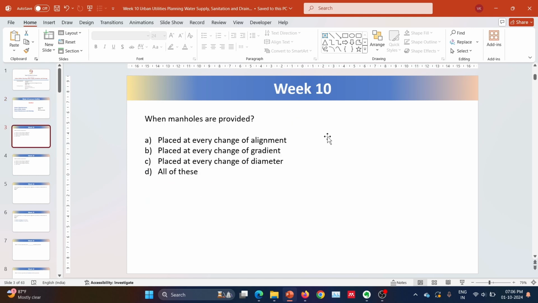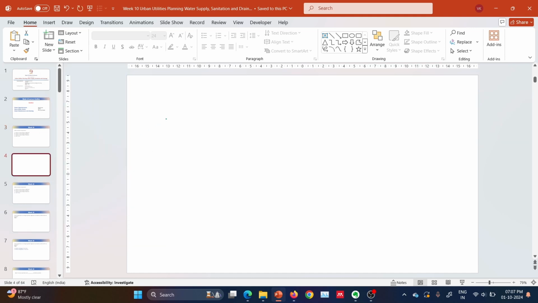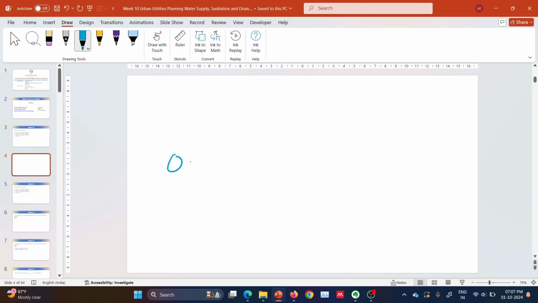So when are manholes provided? First we need to understand what manholes are. Like we are aware of the sewers.